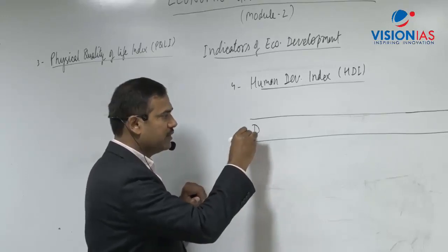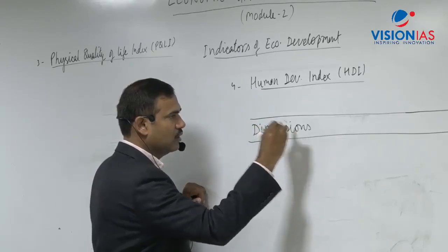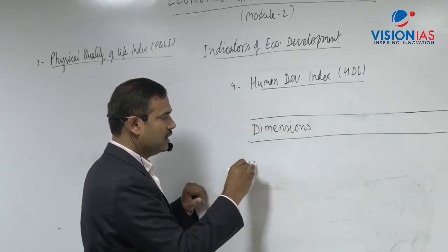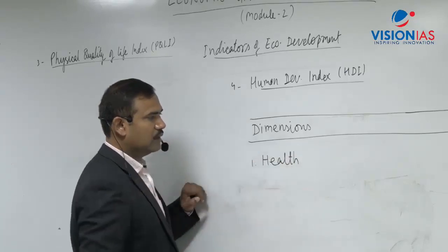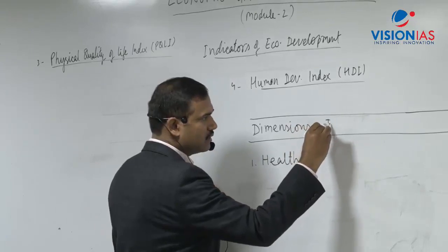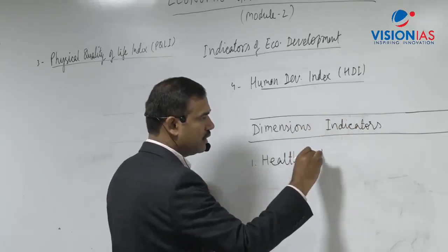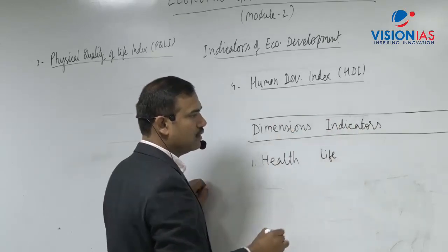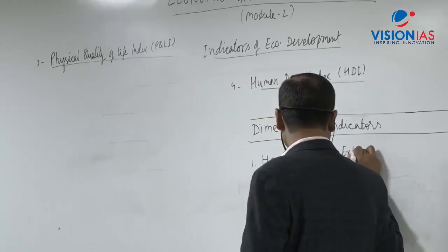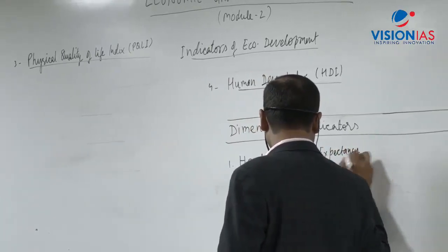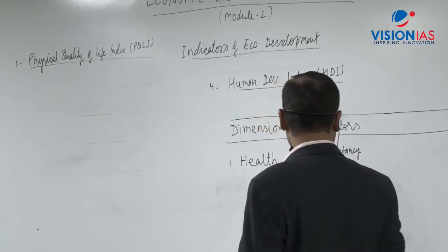So for example, first we will discuss dimensions. Okay, for example, one dimension is what? Health. Then we'll discuss indicators. The indicator of health is life expectancy at birth.